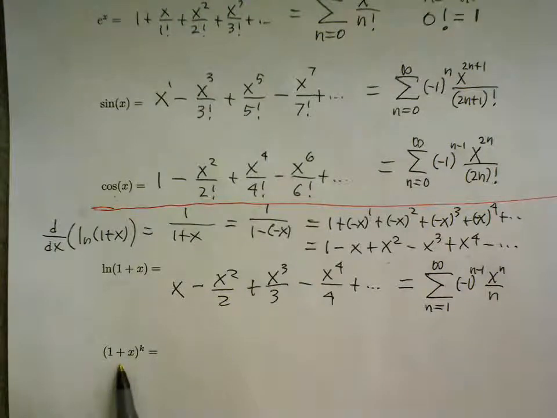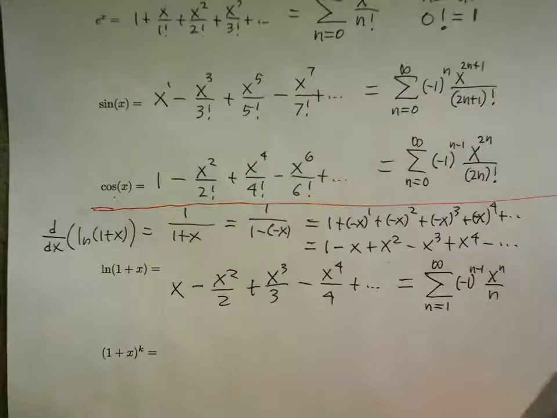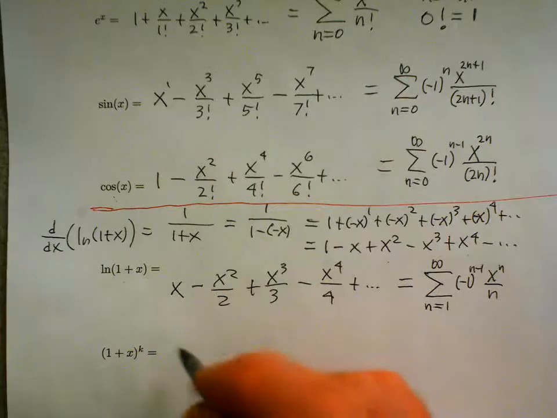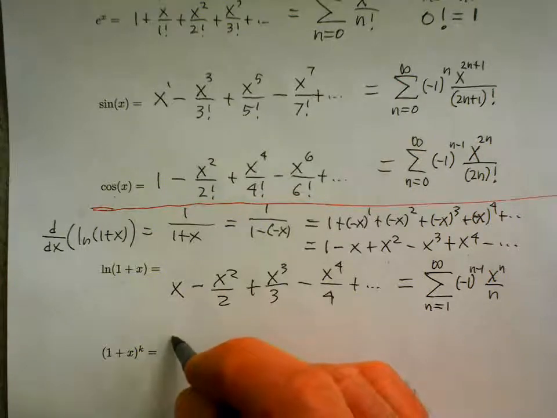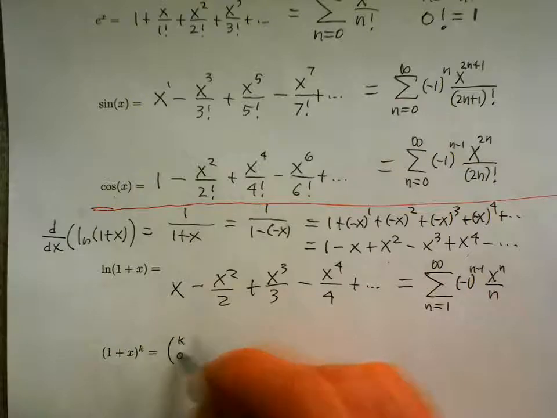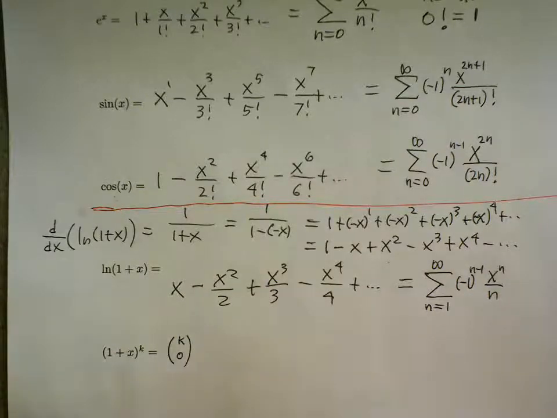The Maclaurin series for 1 plus x to the k. So the series that we get is called the binomial series. So the first term is k choose 0, which is just equal to 1.